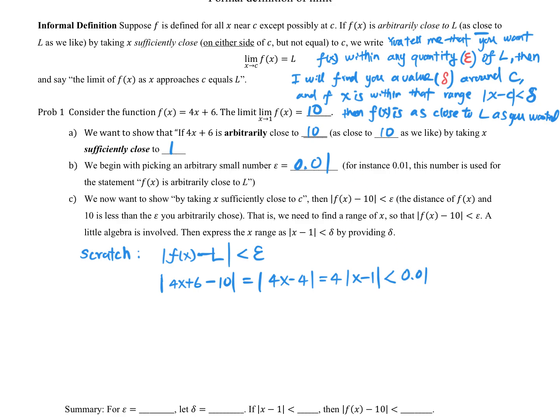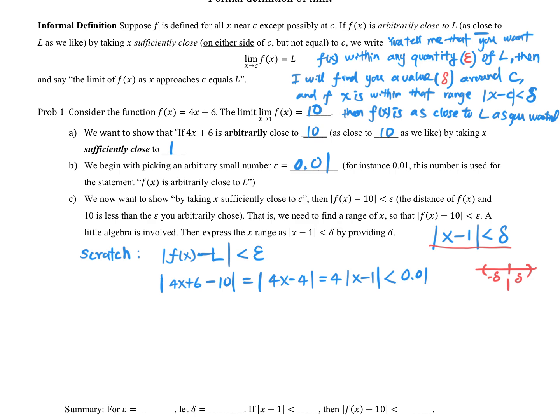Now my goal is to find a delta so that as long as x is within delta range around 1, graphically speaking, this means the following. 1 is here, the center, and this amount is the delta, and this amount is the minus delta.